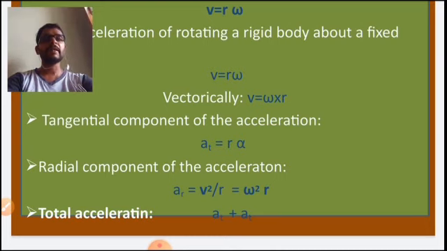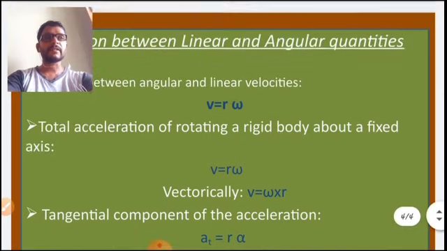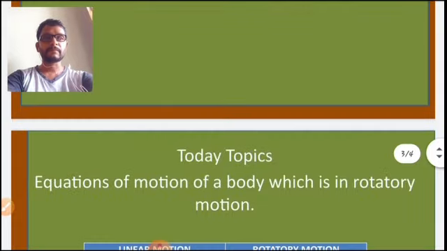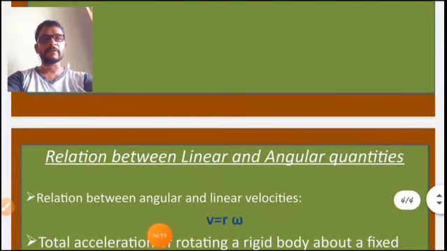Now let us see one by one how we can get these equations. Okay, mathematically let us see these equations. In the previous class we covered a few topics. What is angular displacement?